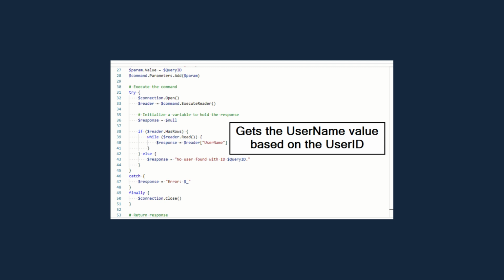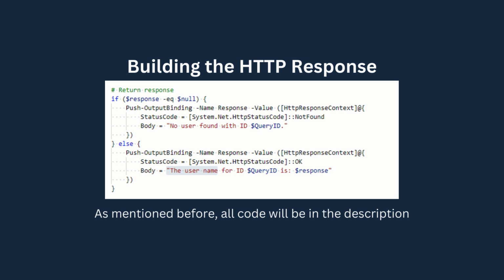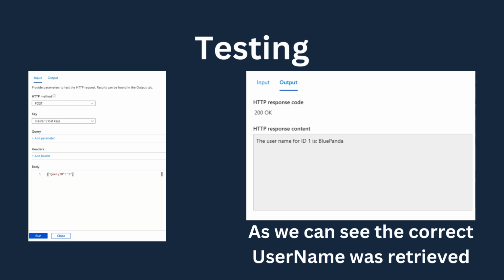Otherwise, it will return an error. Ensure that only one row is returned for this to work properly. This block of code returns the result to the client when the API call succeeds or fails. Click Test, enter the JSON to pass the query ahead to the API, and click Run. If all goes well, you will see the username for the user ID with an ID of 1.